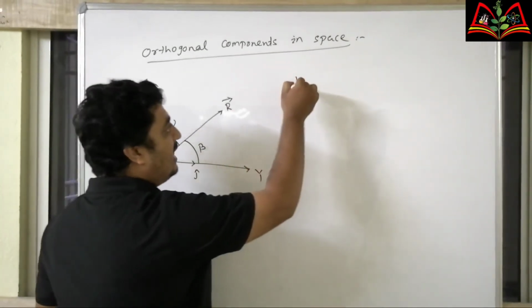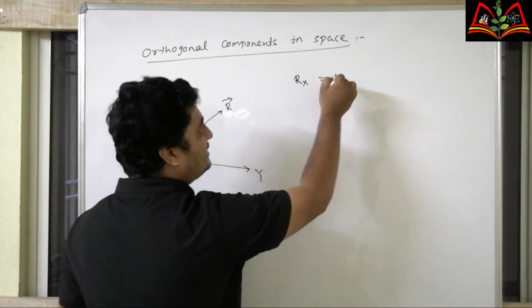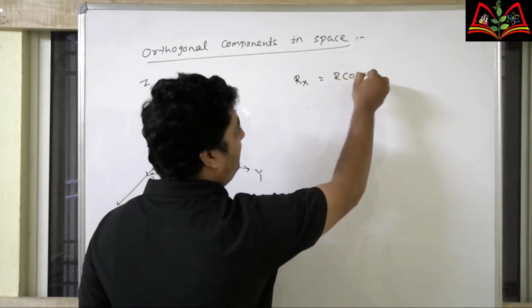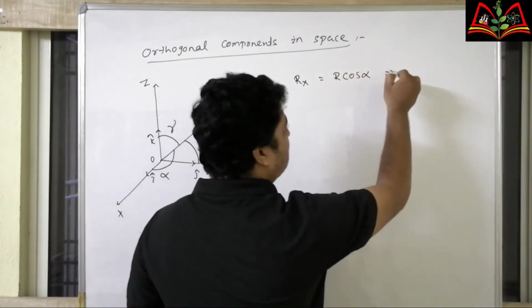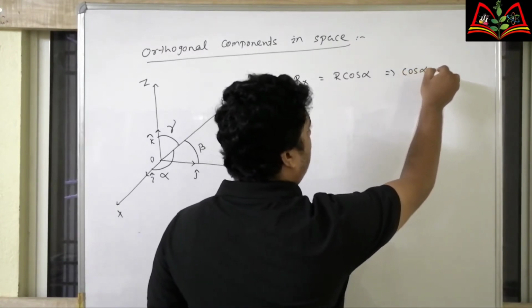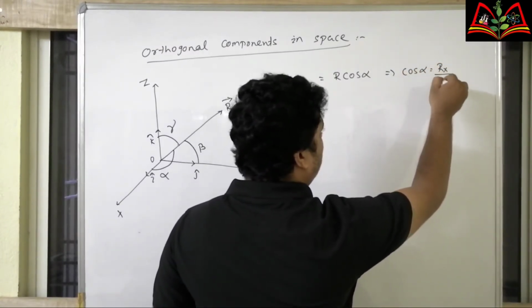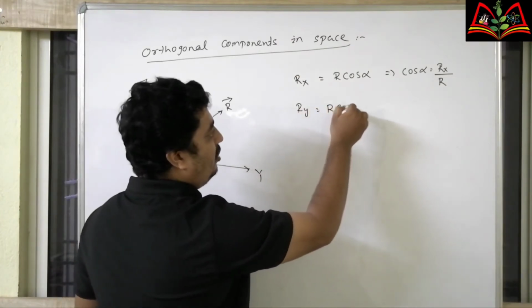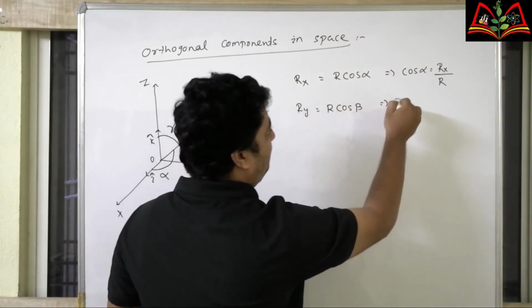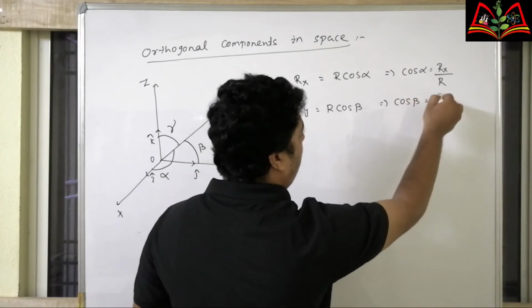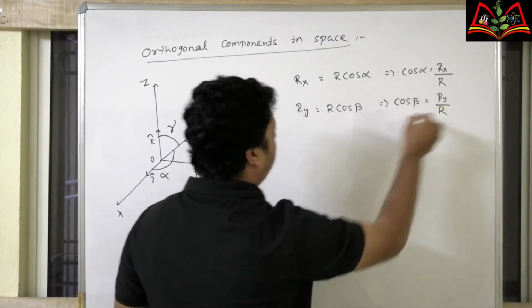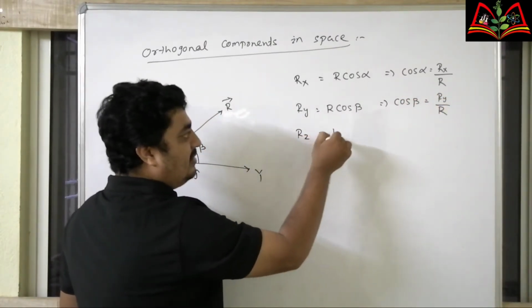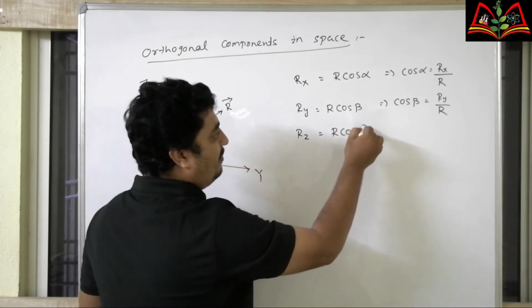Then the x component Rx equal to R cos alpha. That implies cos alpha equal to Rx by R. Ry equal to R cos beta. That implies cos beta equal to Ry by R. Rz equal to R cos gamma.